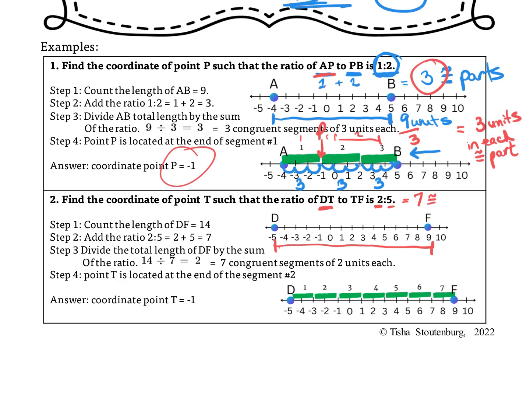I'm breaking this up into 7 congruent parts or pieces, because I have 2 on one side of T and 5 on the other.